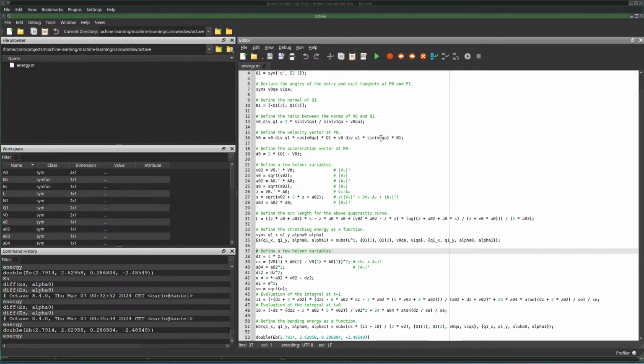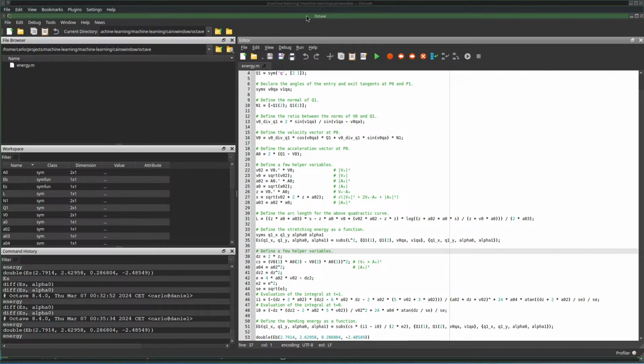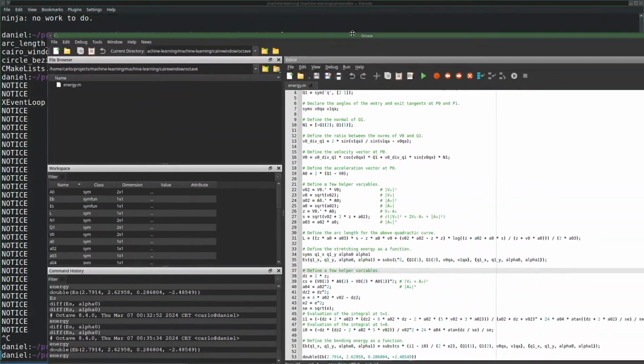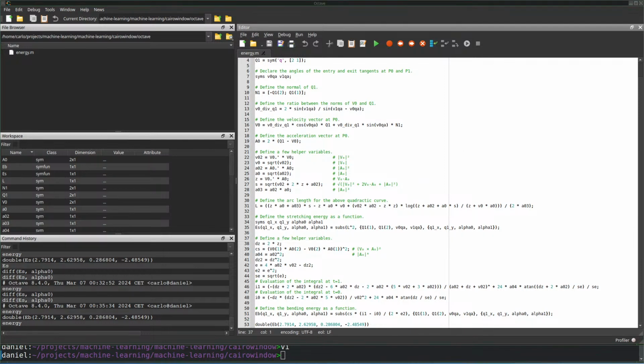Nah, I think it's done thinking. My CPU dropped again. But I still don't see any output window. Window, command window. No. It should be the command window though. Nothing here. Where's the bloody command window?